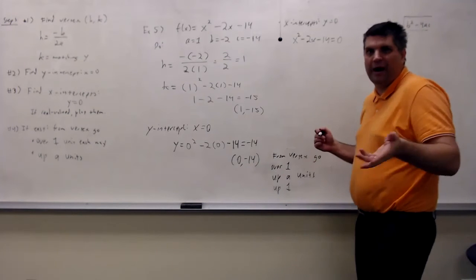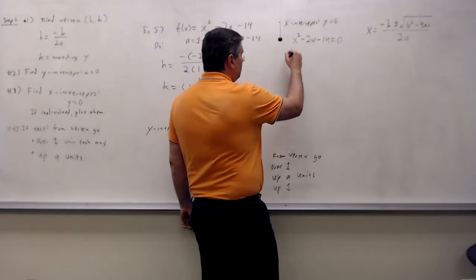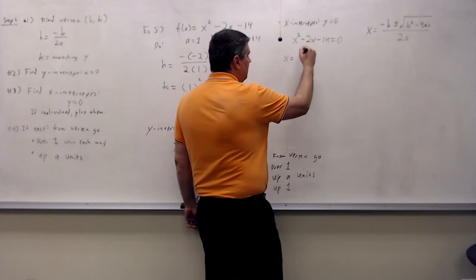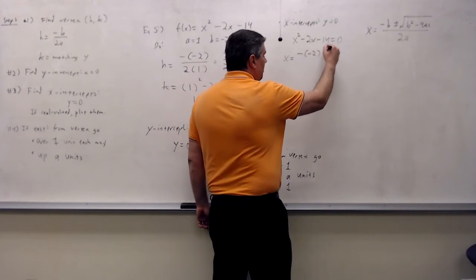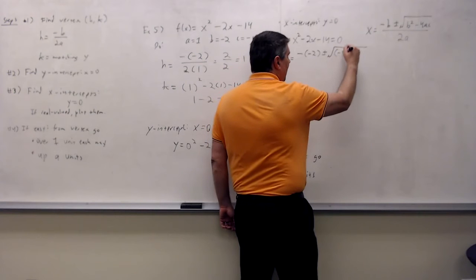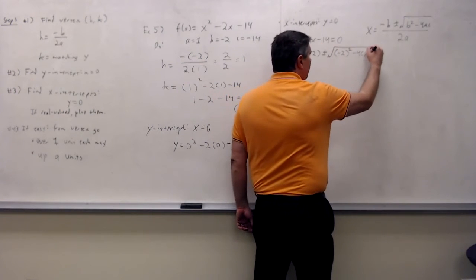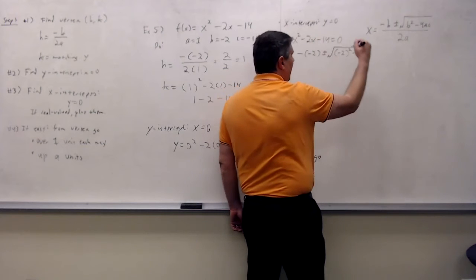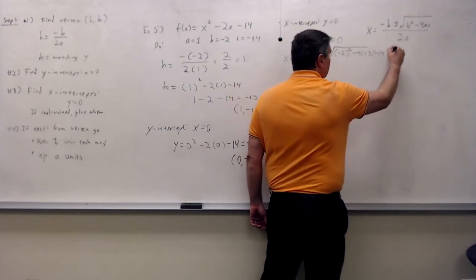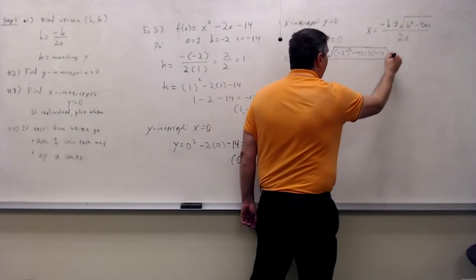We could complete the square, but the quadratic formula is what I'm going to do. So x equals negative negative 2 plus or minus the square root of negative 2 squared minus 4 times 1, the one that you don't see, and then negative 14, all over 2 times 1.